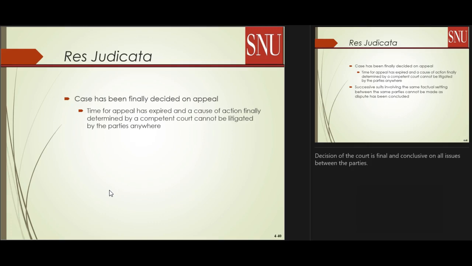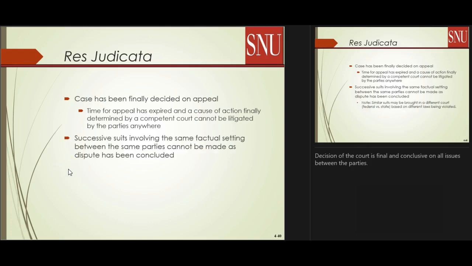You may be relying on the same evidence, and those would be two separate trials, and one could be done and the other one could then be followed up on. But res judicata says that in the judicial system you cannot just continue relitigating a case until you finally get a jury that agrees with you.